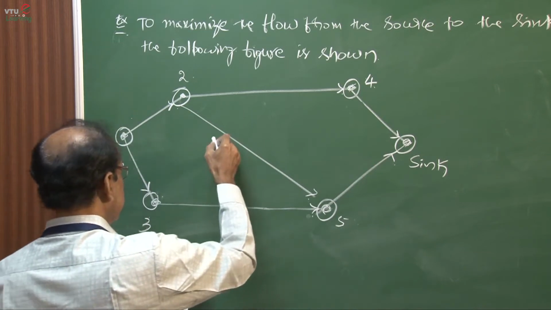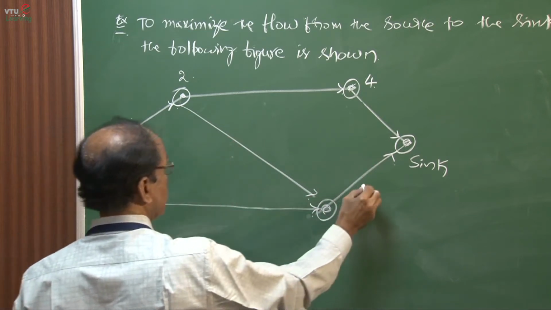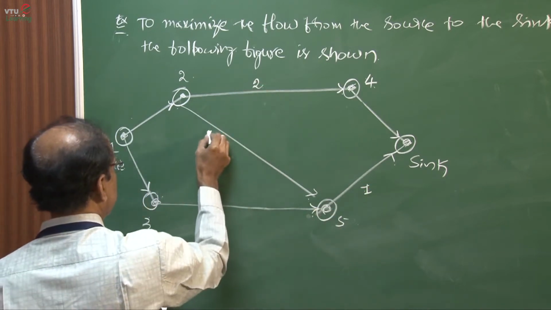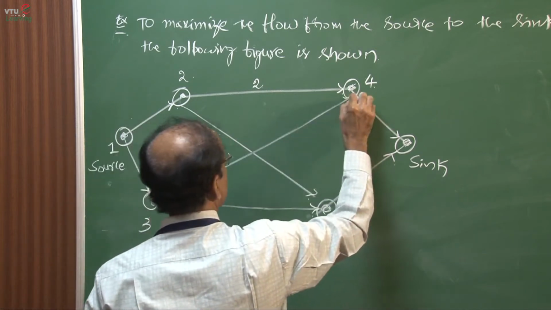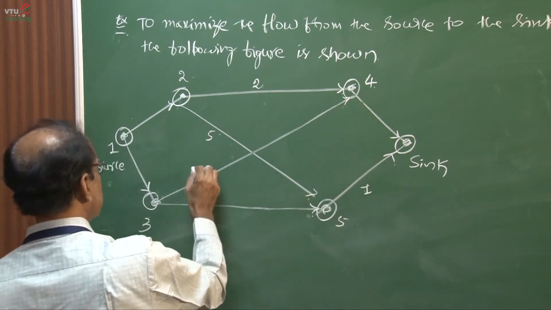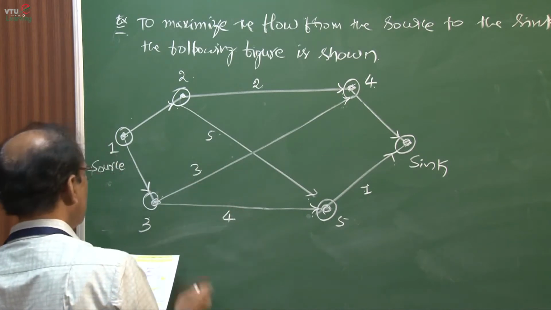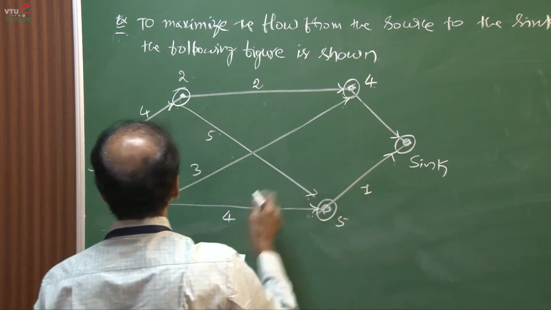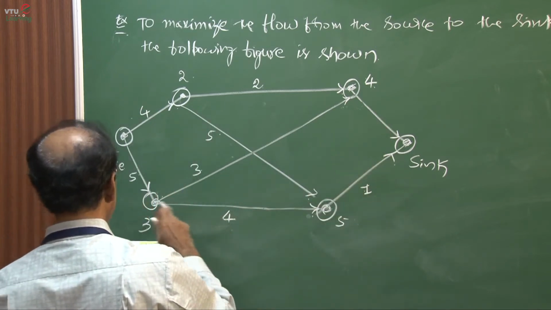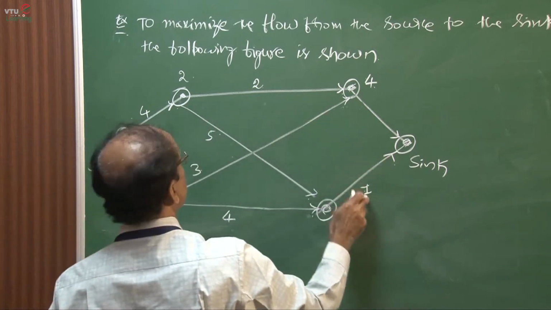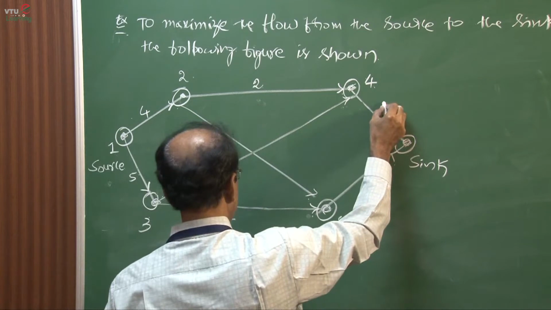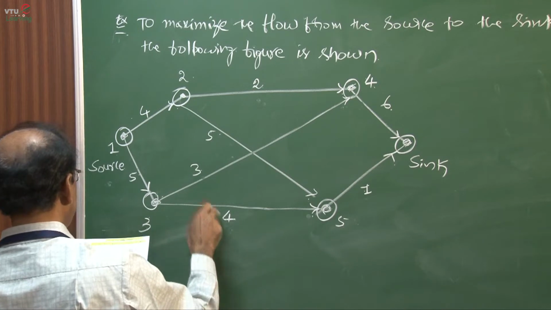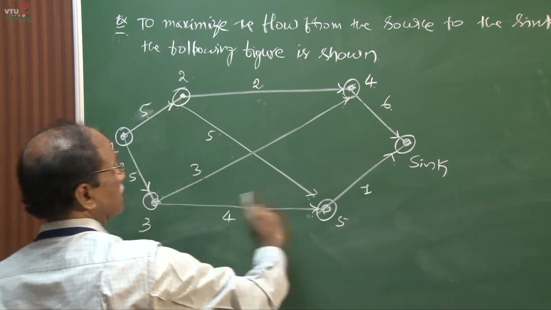Okay, so the edges will be taken as, I am taking this as edge 1, then this is edge 2, and this is 5, and from here also in this direction, and this is 3, this is 4, this is 5, this is 4, this is 1, this is 1, this is 2, and this is 6, and it is 3, then 4 and 5, this one is 5 and it is 6.